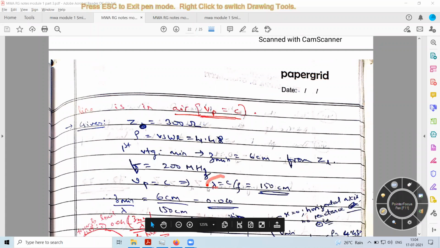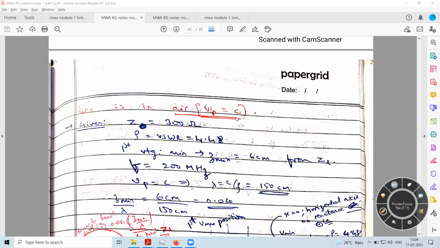So in the first step, we need to identify the wavelength. The wavelength is 150 centimeter. What are the other parameters he has given in the problem?